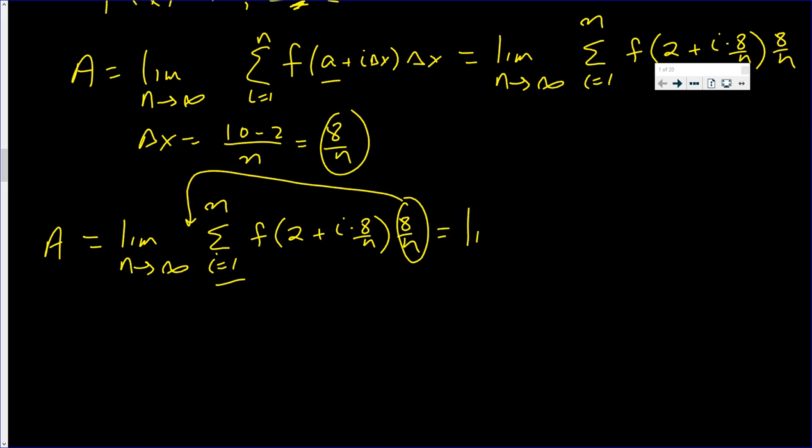So it is the limit as n goes to infinity of 8 over n times f of that. Well, let's remind ourselves that f of x was x cubed. So whatever is inside the brackets, which I'll write as 8i over n, I need to cube it.